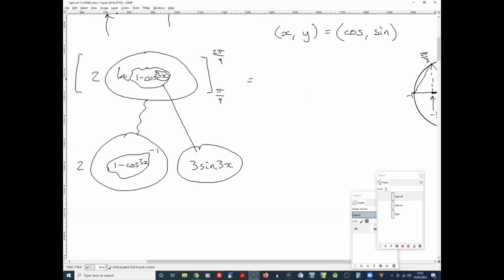So really, this is saying natural log of 1 minus what? 1 minus 3 over 2. 1 minus cos, not 3 times a half. 3 times minus half.